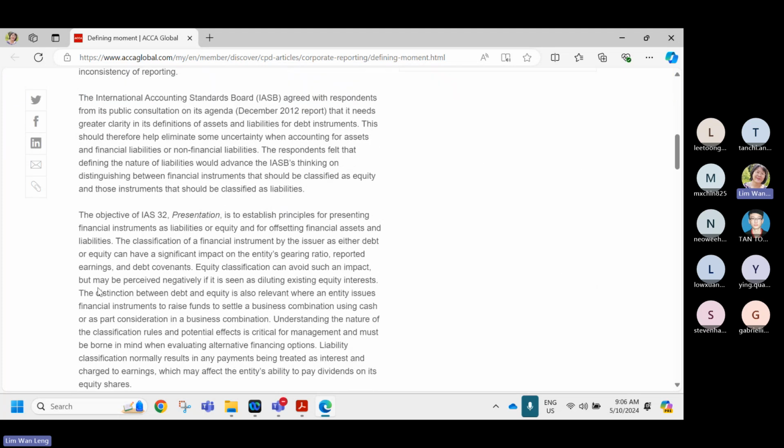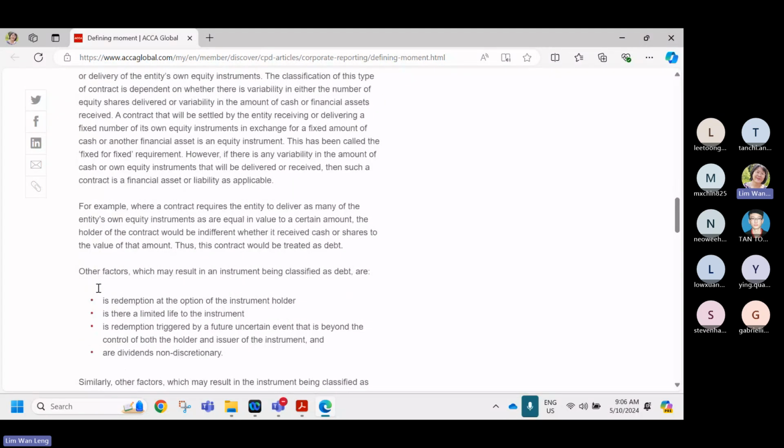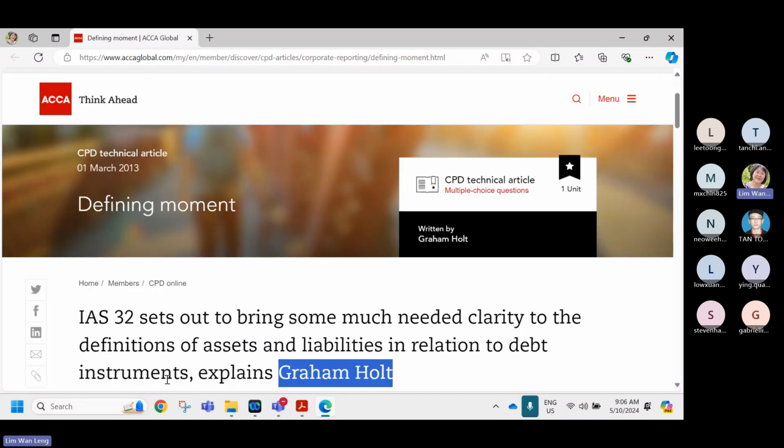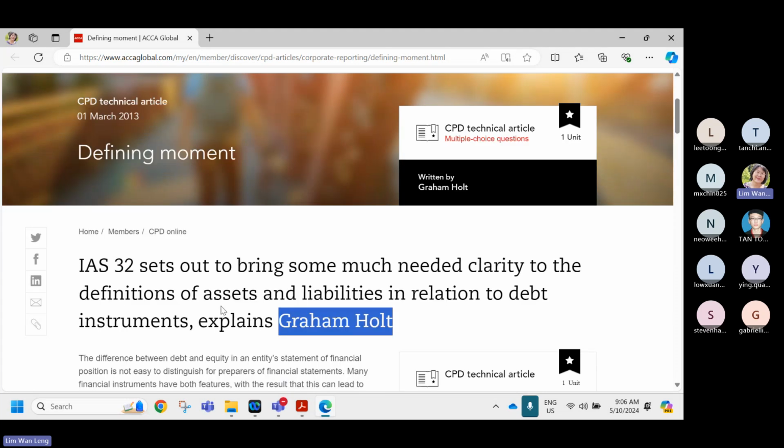Okay, so later you can have a look at this. Basically they tell you how to distinguish between equities and liabilities, with respect to debt instruments and financial instruments under IAS 32.